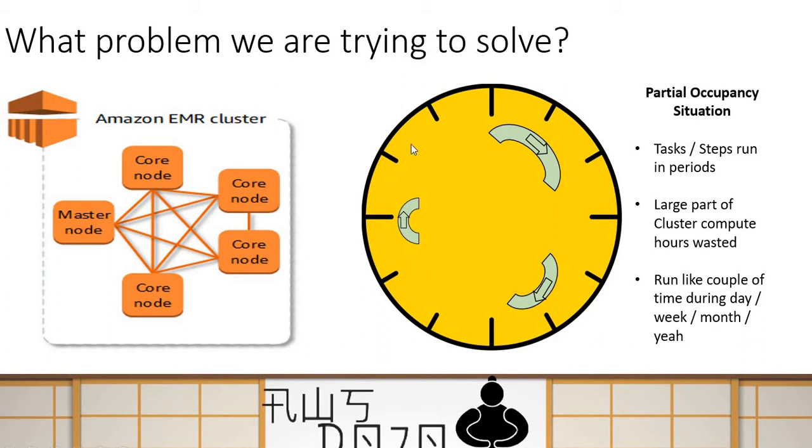When the jobs are running, you are making use of what you're paying for the cluster. In the other periods, when you have no job or task running on the EMR cluster, you are paying for the cluster, but it is doing nothing for you. Those are the idle times. The cluster is running but doing nothing, and still you're paying for it.